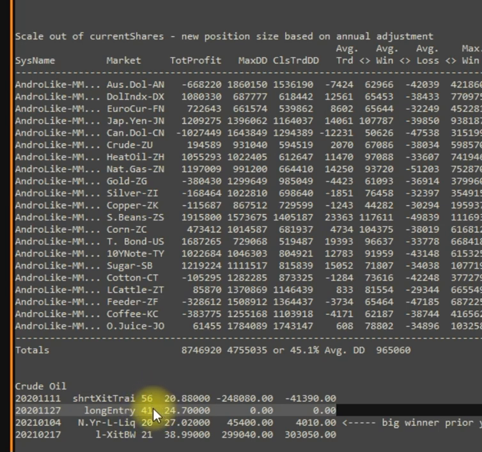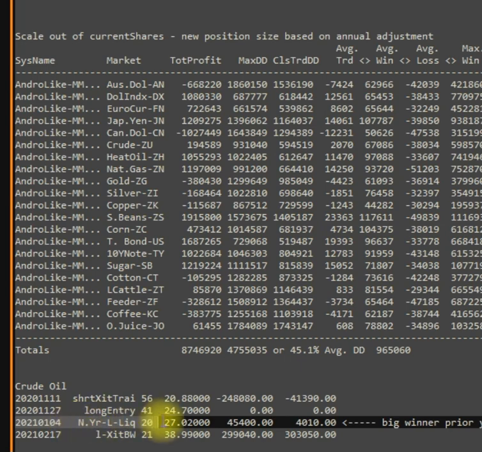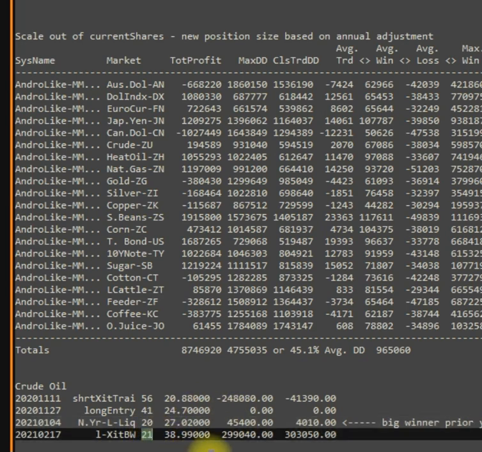You'd have to be somewhat huge of a money manager to be trading that position size. But because I had a big profit the prior year, I'm going to take 80% of that profit out, and recalculate the number of contracts I should be trading. In this case, I should go from 41 to 21, and to do so, I need to immediately liquidate 20 contracts of crude oil. So we get back into a normal size position based on how much money we made or lost the prior year.